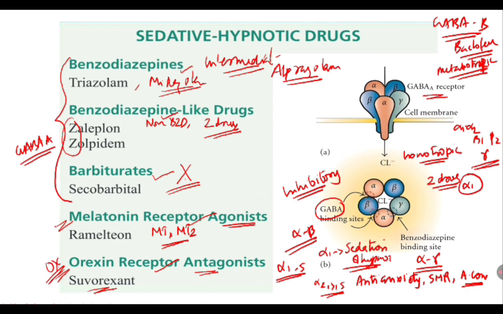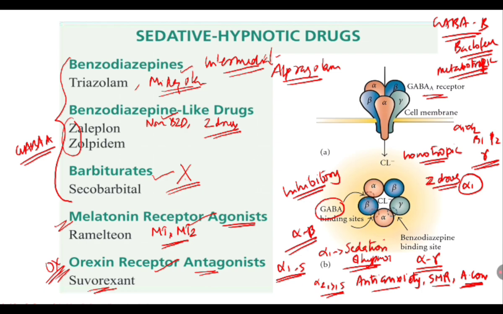These Z drugs bind only to the alpha 1 subtype. That's why Z drugs have no effect on anti-anxiety, skeletal muscle relaxation or anti-convulsant action, which are elicited by the benzodiazepines.